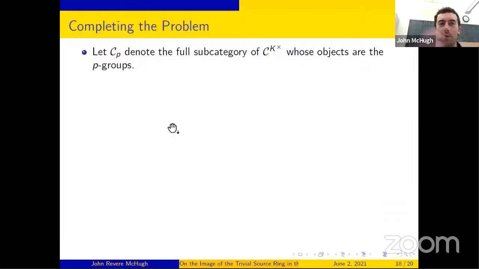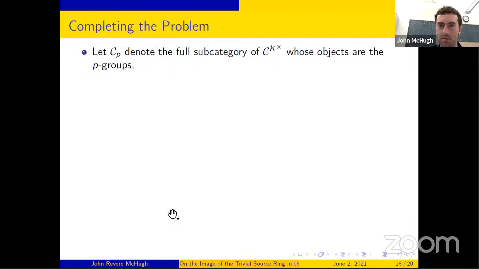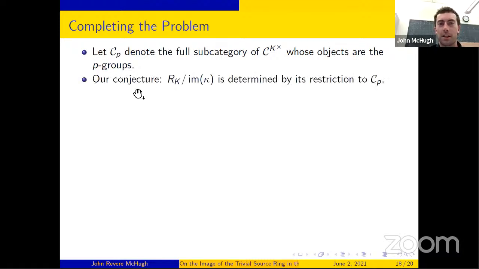Okay, so now we've got all the language you need to complete this problem. Let C sub P denote the full subcategory of the K cross fibered biset category whose objects are P groups. So it's this portion of the picture. The conjecture, now restated in this language, is that the quotient I'm interested in is determined by its restriction to that subcategory. Just like you can restrict characters to subgroups, you can restrict biset functors to subcategories.